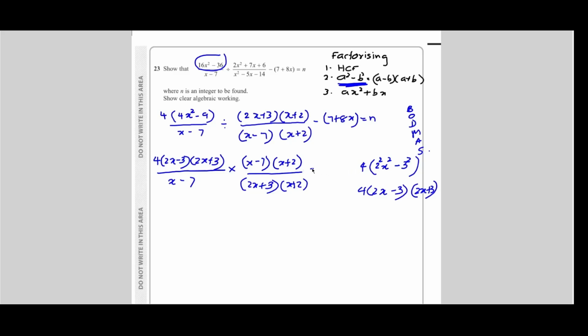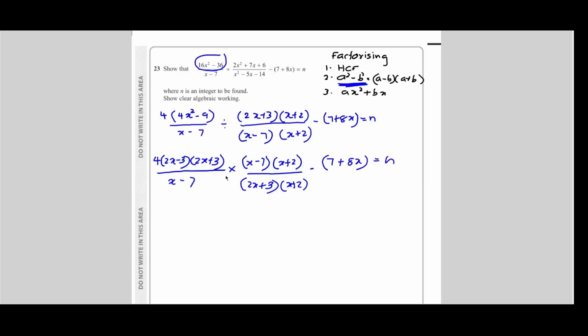Then this one stays the same, 7. So I'm going to erase this part. Seven plus 8x equals n.